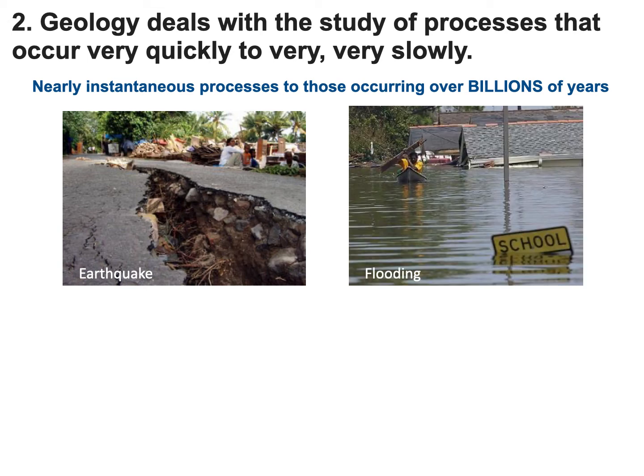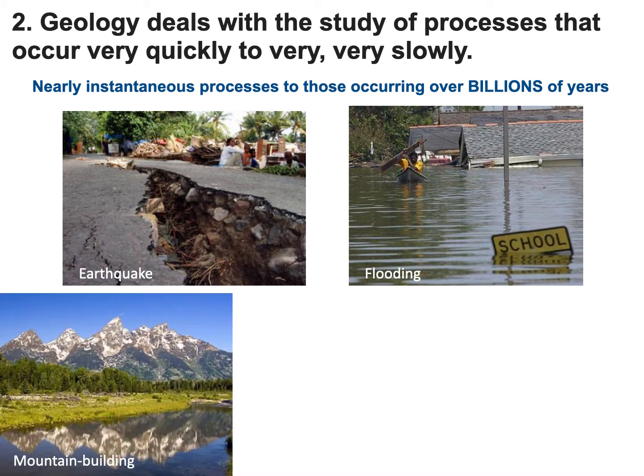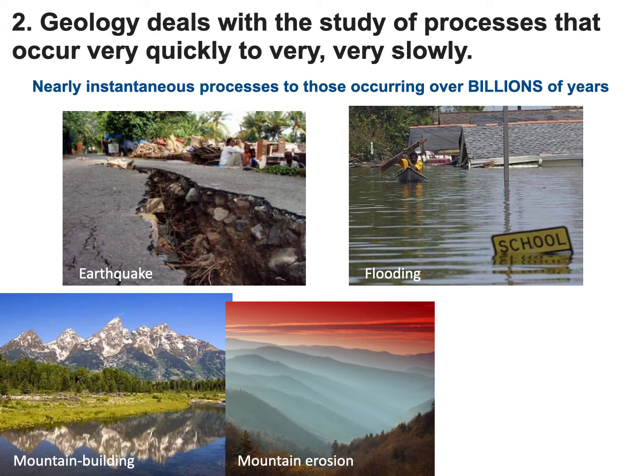Flooding, which in our area is the most common geological hazard, takes place over hours, days, to weeks. Mountain building is a process that takes hundreds to thousands of years, in some cases millions of years, to happen. Erosion of built-up mountains takes place over even longer time periods, hundreds of millions of years.